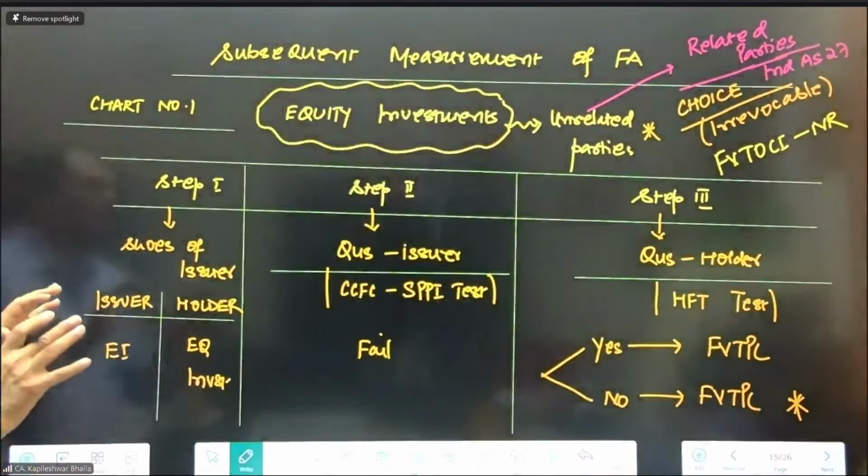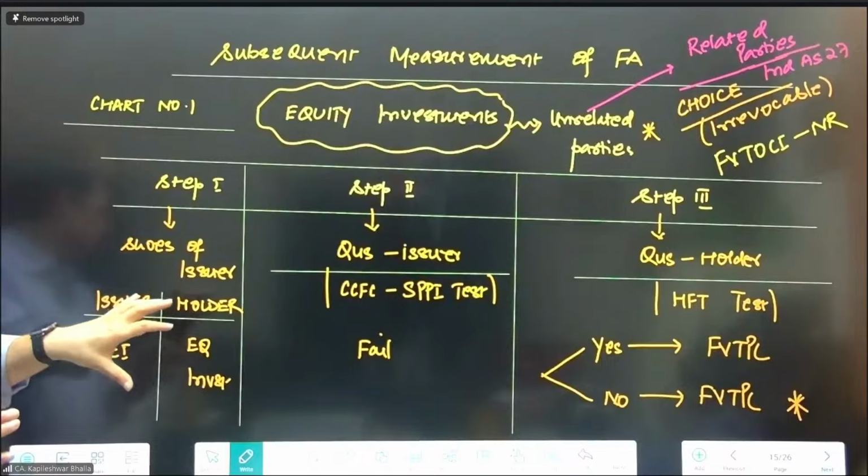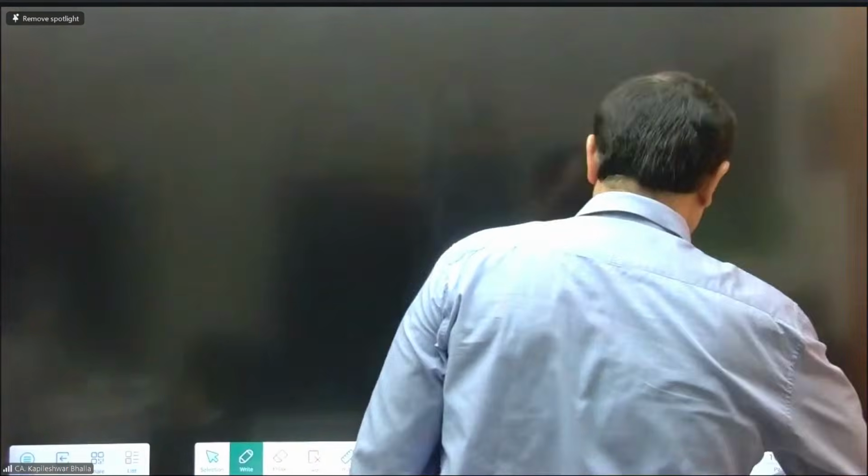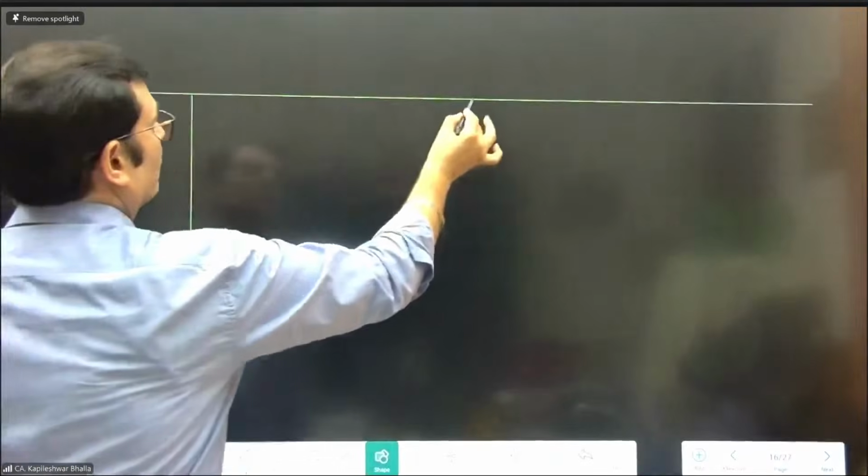So this is chart one, that is equity investments. Let's make another one. So we make another chart as well, and this is debt investments. So we'll take step one and step two and step three.